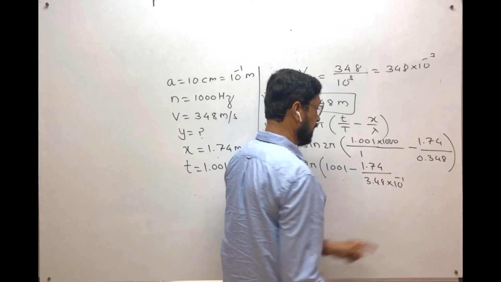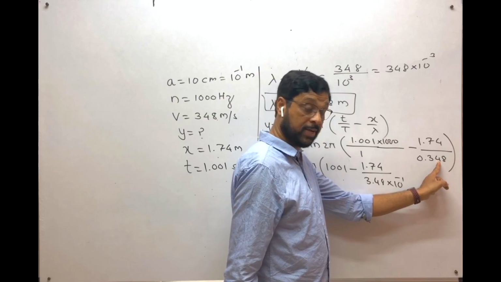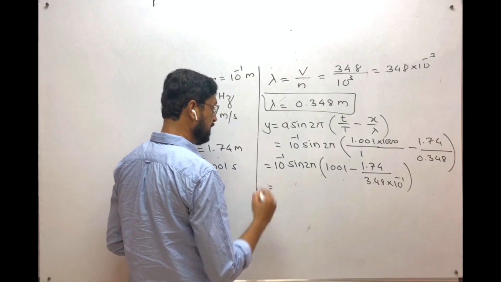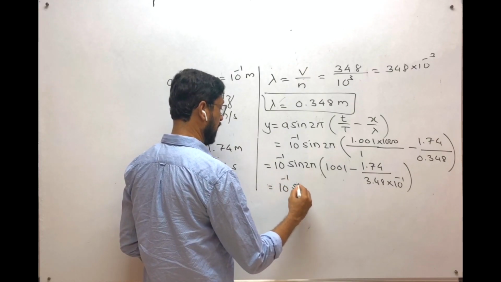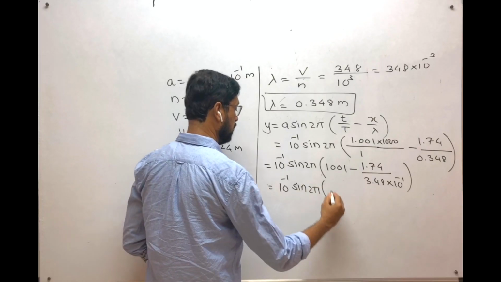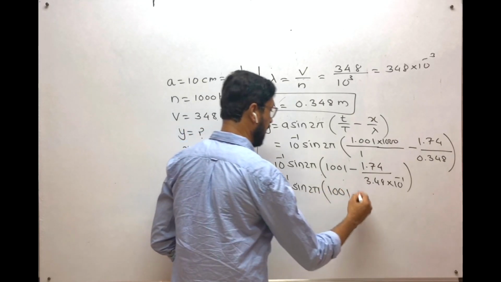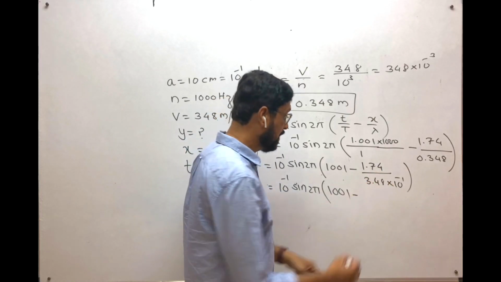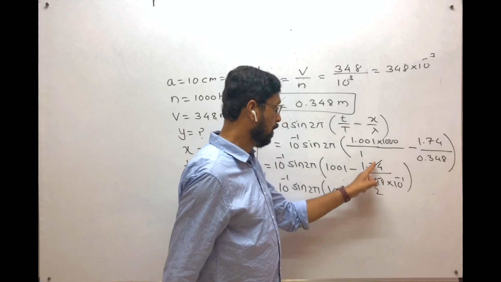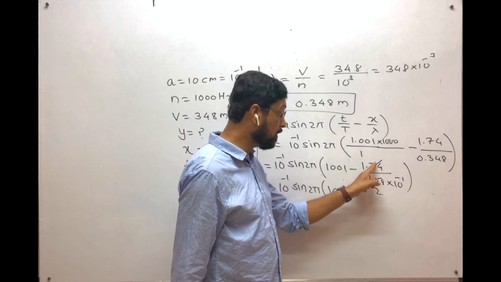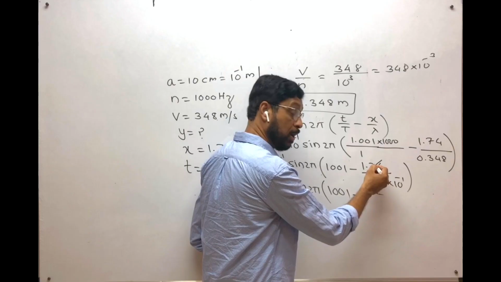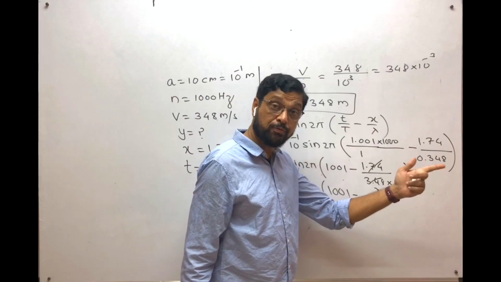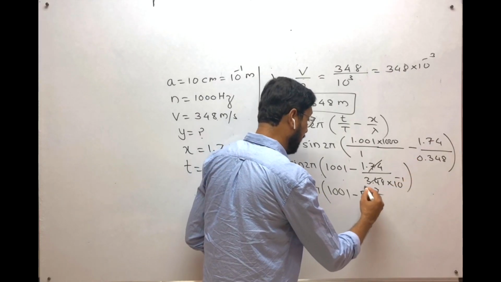3.48 into 10 raised to minus 1, decimal shifting, that is 10 raised to minus 1 sine 2 pi, 1001 minus 1.74 का डबल 3.48, 1 by 2 means 0.5, and this 10 raised to minus 1 will go up, 10 raised to plus 1, 0.5 into 10 raised to plus 1, that is 5.